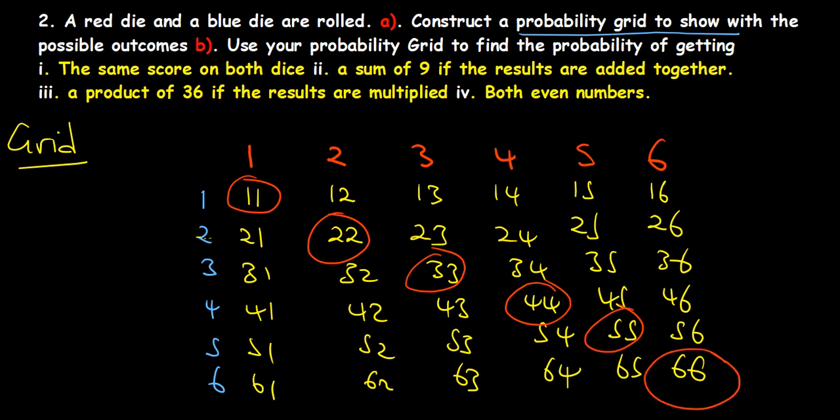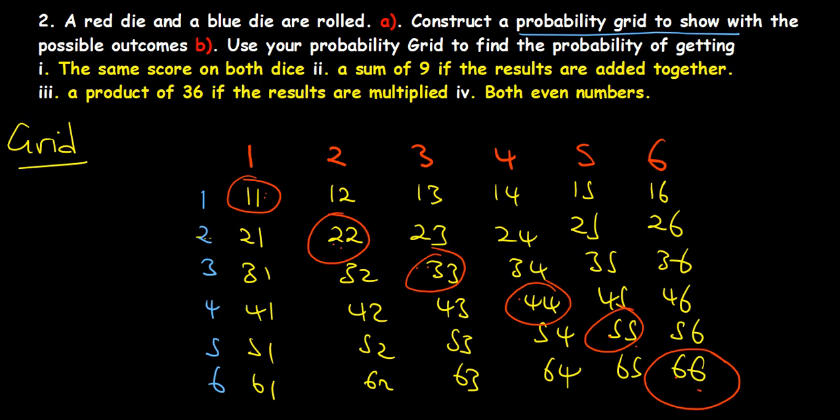To find that probability, the probability of getting the same score on both dice is equal to how many of these have landed on the same score. We have 1, 2, 3, 4, 5, 6.